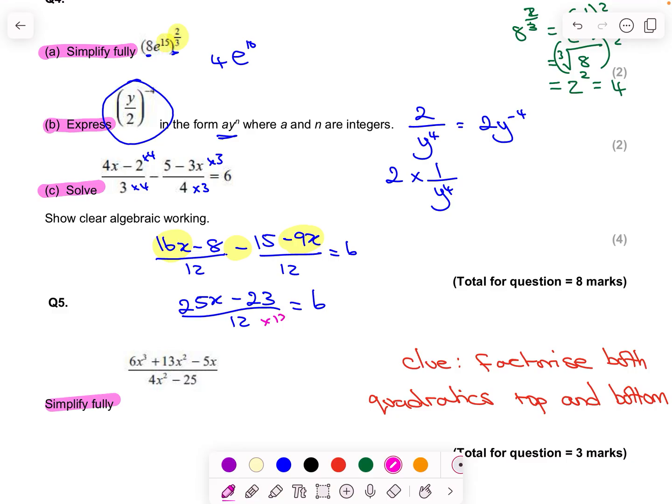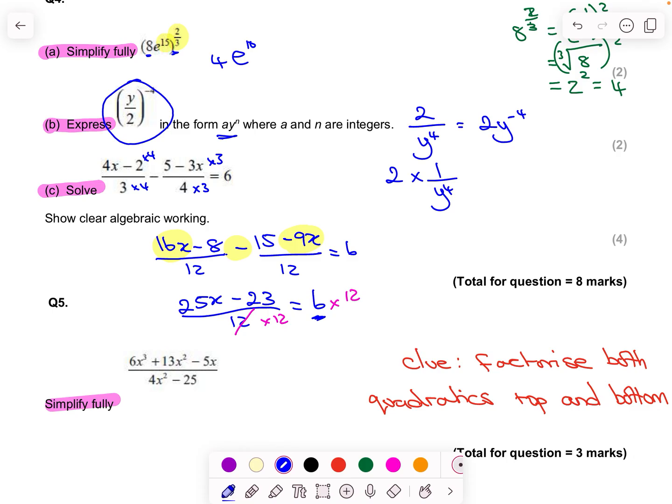Multiply both sides by 12, which if you did the other method, that's exactly what you would do. Because I know in class we've done it the other way as well, where I've multiplied everything by 3 and then everything by 4. And that includes the number on the other side.